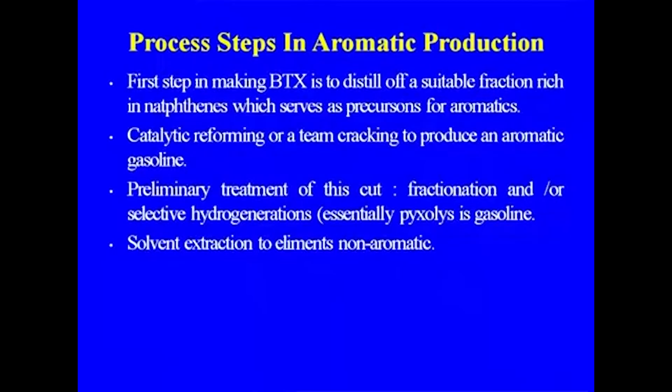So, what are the steps in the case of BTX? As I told you, the boiling points of BTX, benzene, toluene, xylene, are different. So, depending upon your requirement, a definite fraction of the naphtha has to be taken here, and one of the requirements is a naphthenes-rich naphtha, so that we get more and more aromatics. So, the first step in making BTX is to distill a suitable fraction rich in naphthenes, which serves as the precursor for the aromatics.